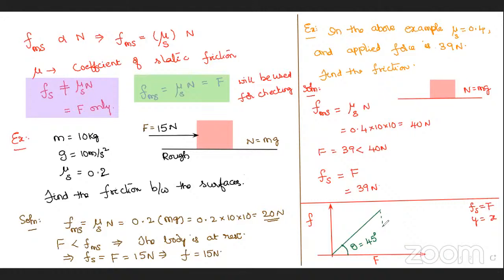Till you apply this particular value of applied force, the body is at rest. Beyond that force, the body comes into motion. At that point the static friction comes to an end, meaning this is the maximum limit of static friction.